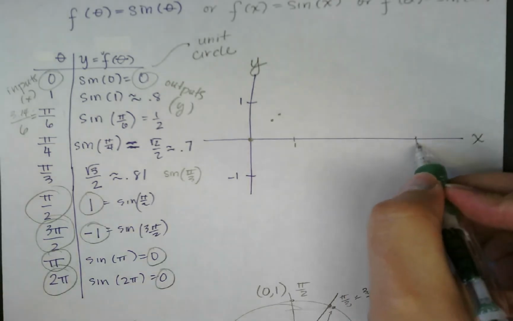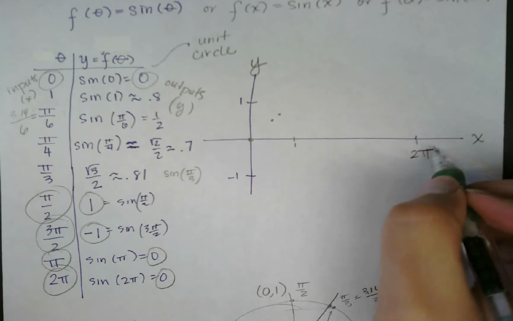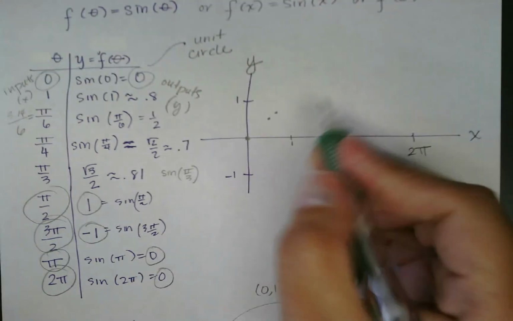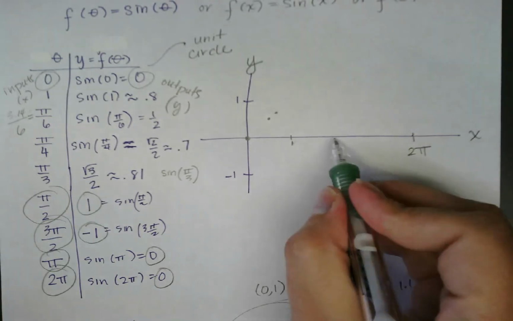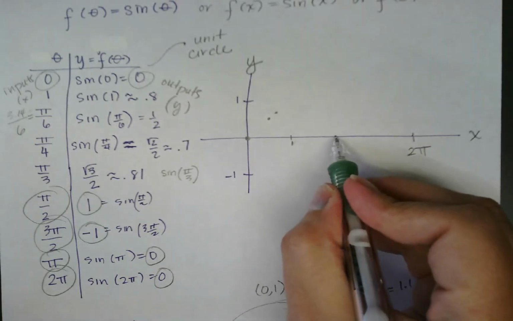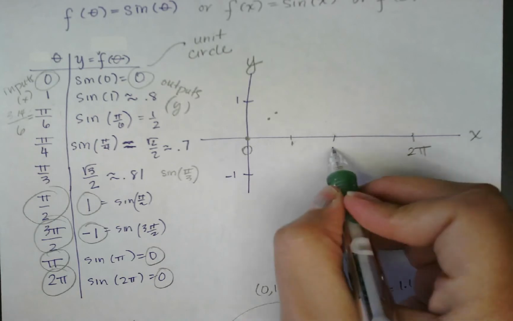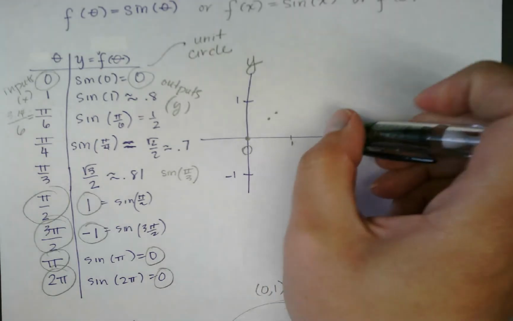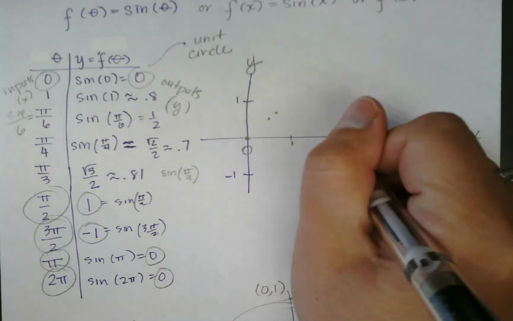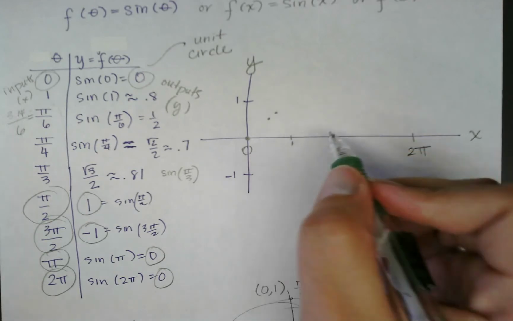So here's 2 pi. Alright, ignore that 1, but it's there. In between 2 pi and 0, so this is 0, is pi, right? Halfway between 0 and 2 pi is 1 pi.